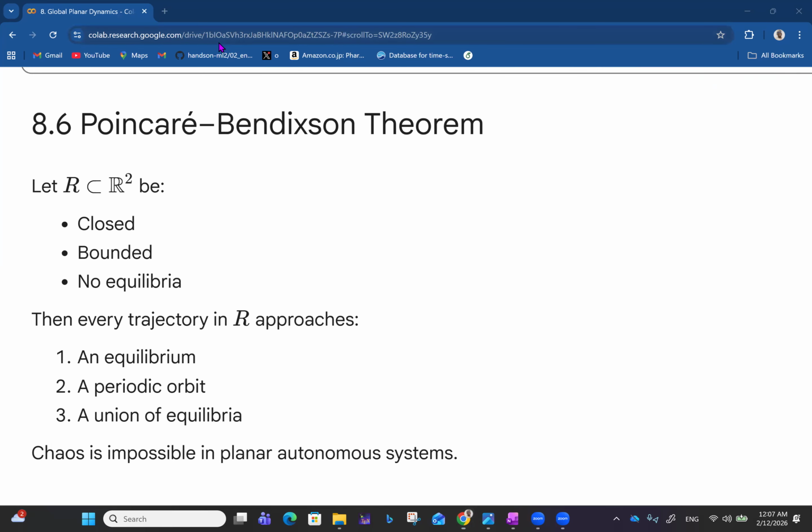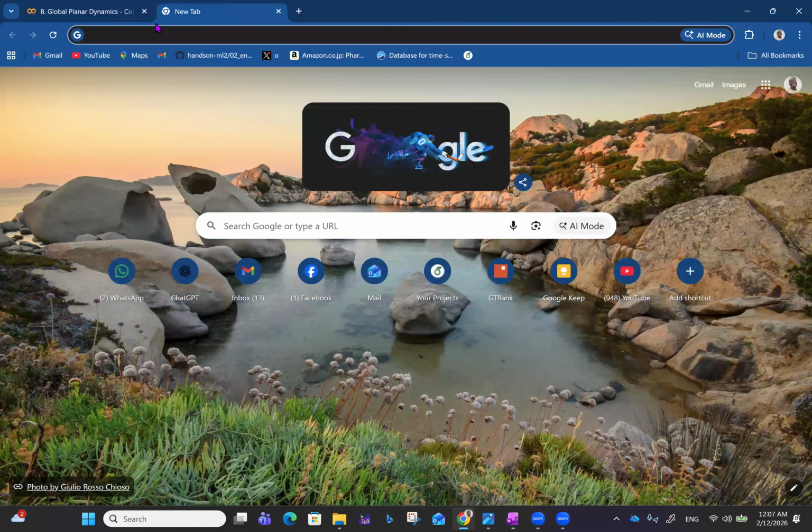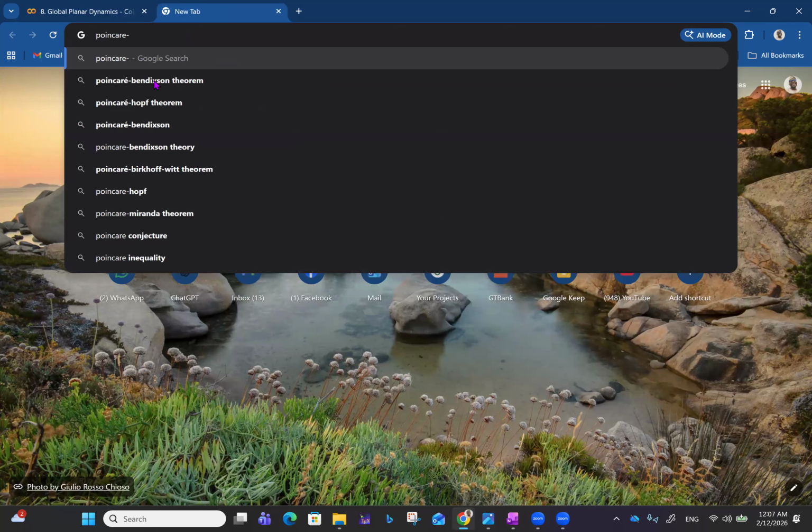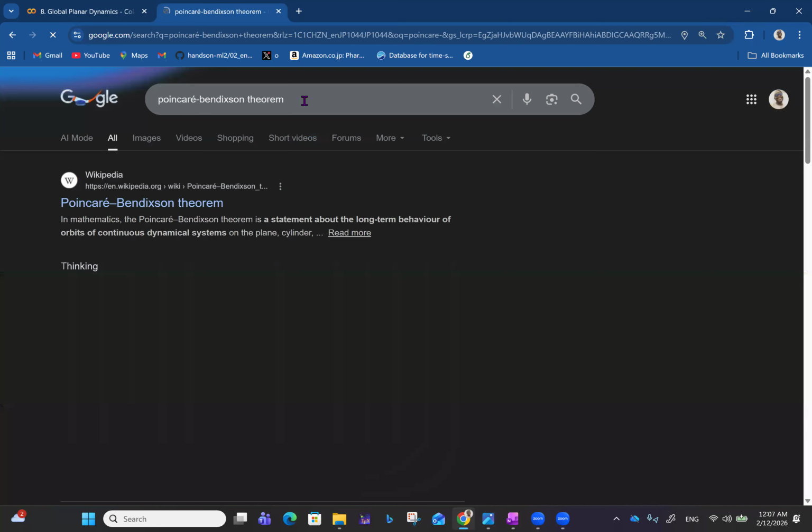So like I always do, let me look for a layman's explanation of the Poincaré-Bendixson theorem.